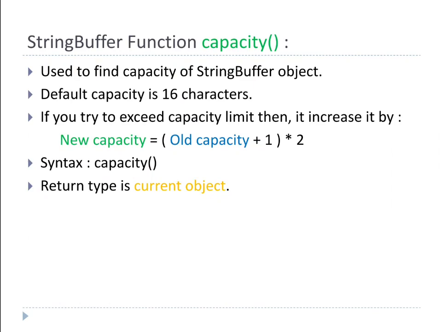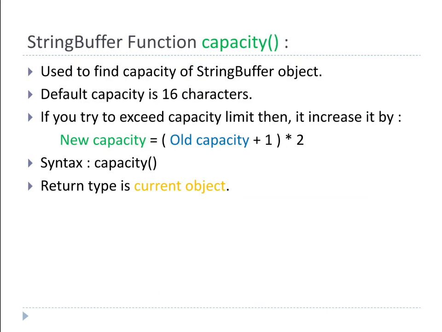Then see, we have the next function, that is capacity. I've been talking about capacity for so many slides. First thing, it is used to find the capacity of a StringBuffer. The capacity function provides us the capacity of a StringBuffer object.